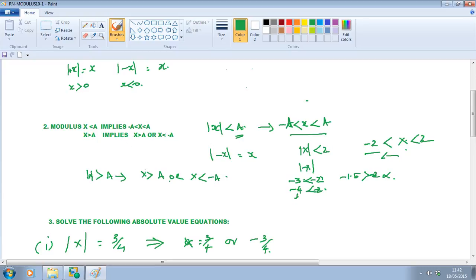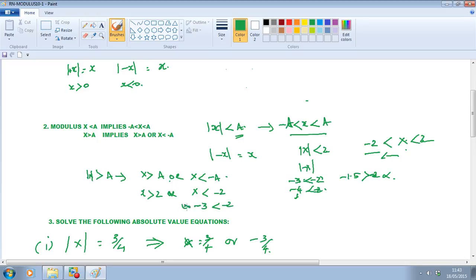Let us take an example: x is greater than 2 or x is less than minus 2. For example, minus 3 is less than minus 2.